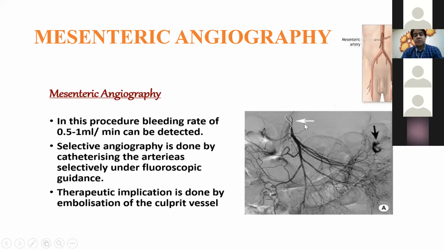Once entered into the mesenteric artery, he uses a special sort of angiographic agent and identifies the bleeding site or the leakage site. Then this bleeding site can be treated by embolization of the culprit vessel. So this is another modality which is diagnostic as well as therapeutic.